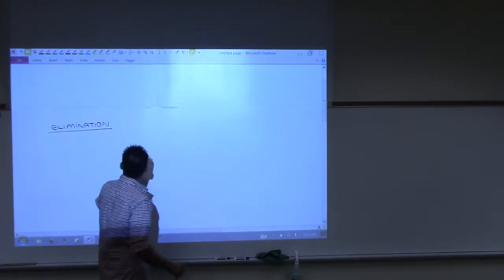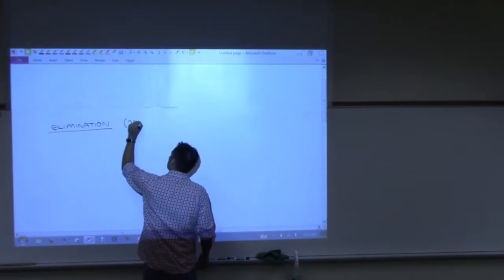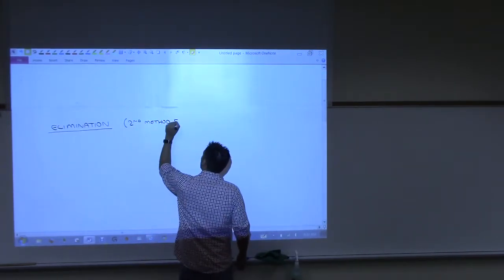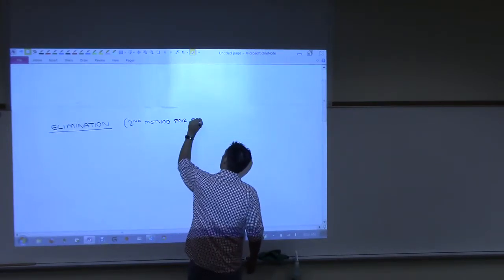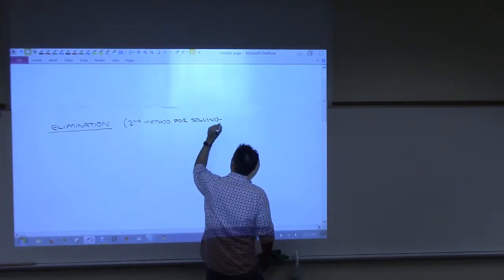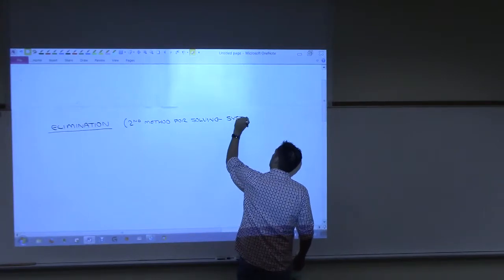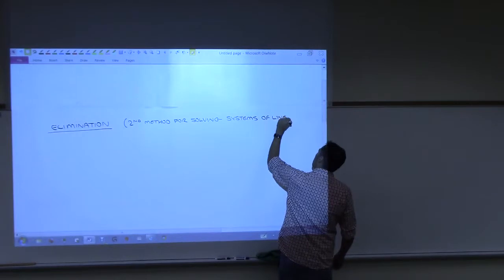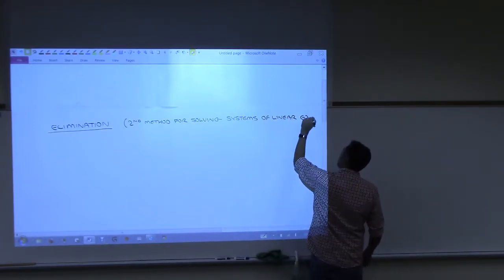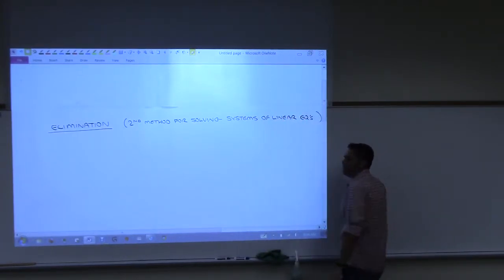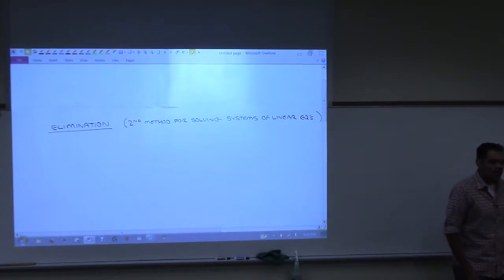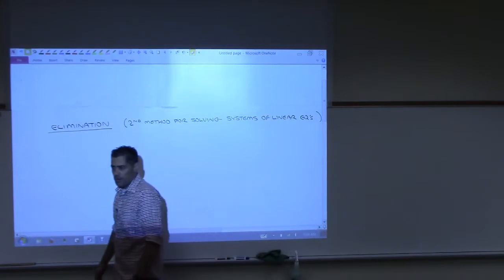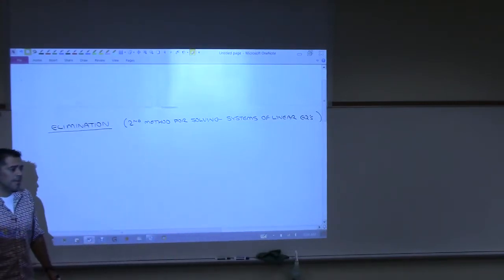This is our second method for solving systems of linear equations. On an exam, I don't care which method you use. You use the one that you feel most comfortable with.